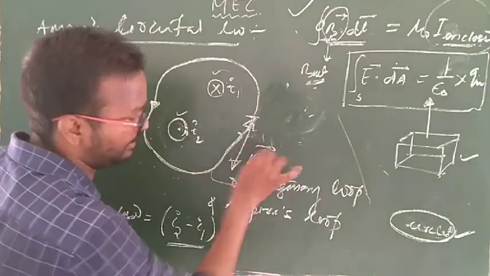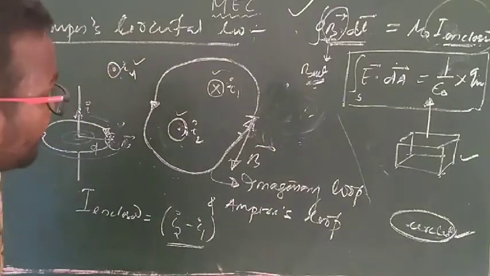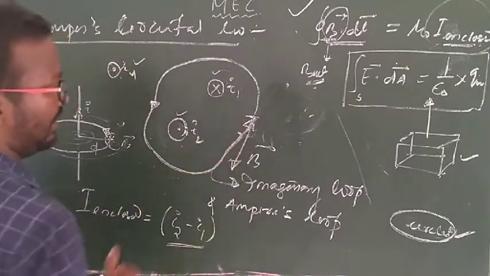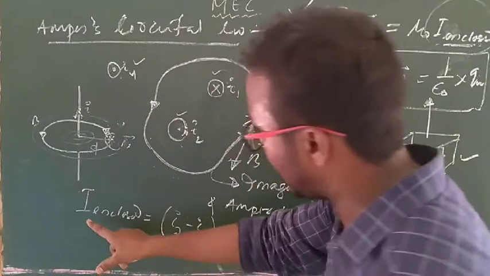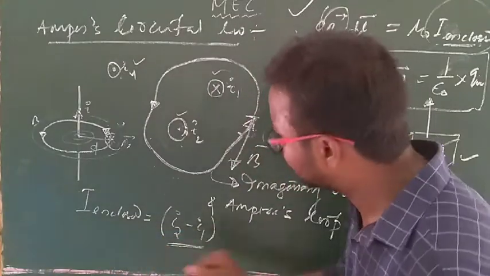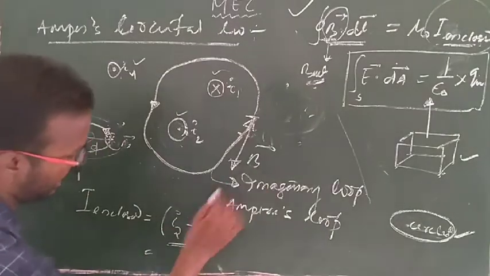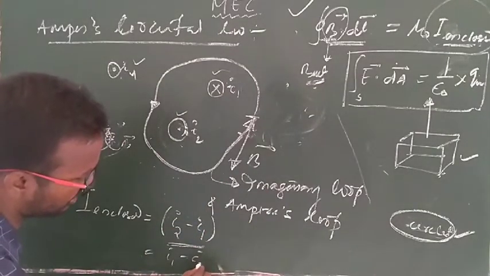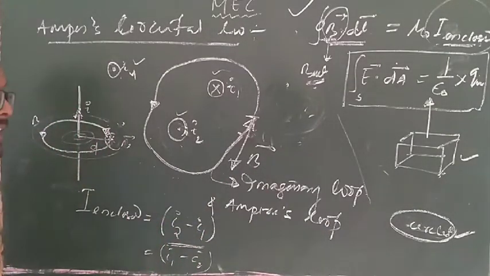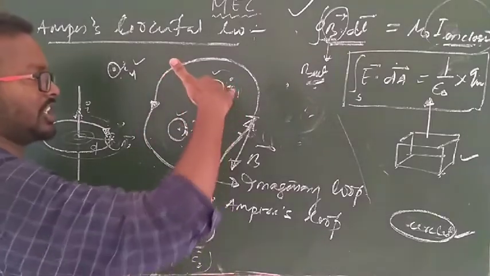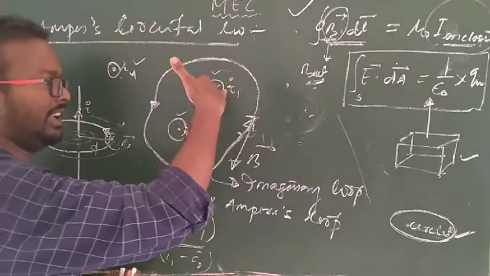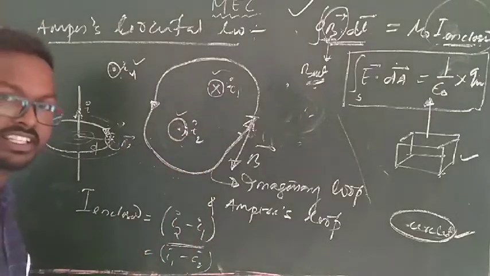Then what is the net I enclosed? In this case I enclosed is equal to I1 minus I2. This is the net current. Why? Because this is the direction of the magnetic field, which is inward, and this is the direction of the magnetic field, which is outward.